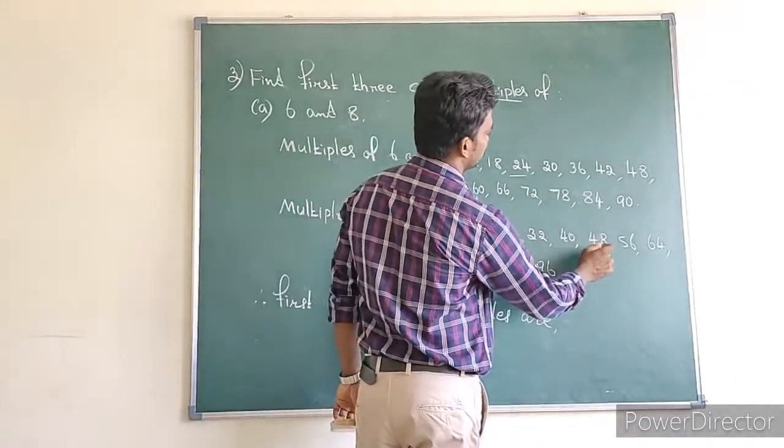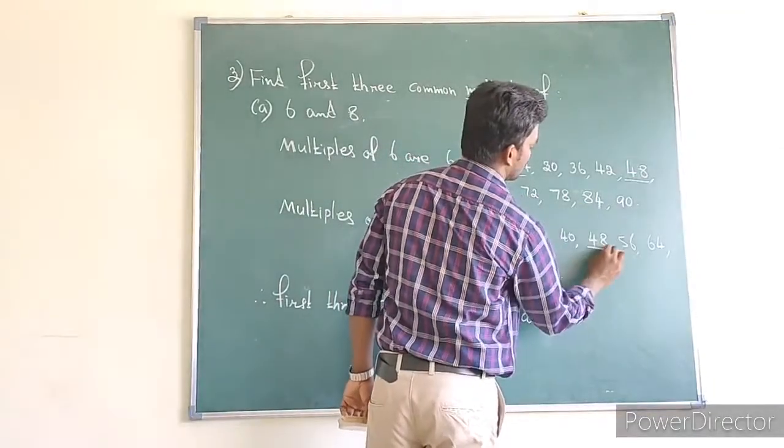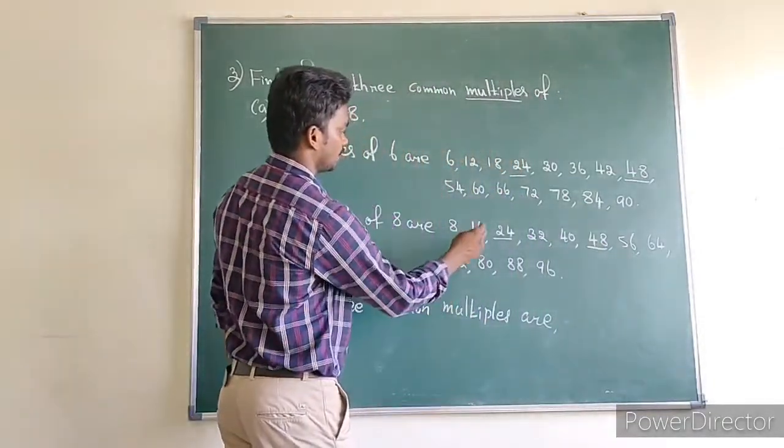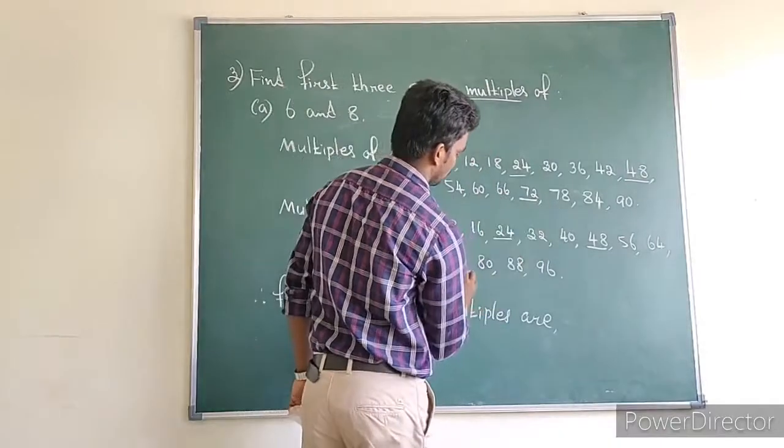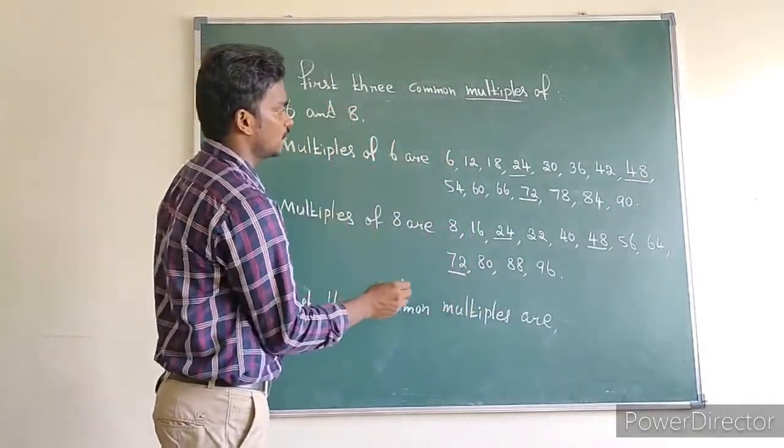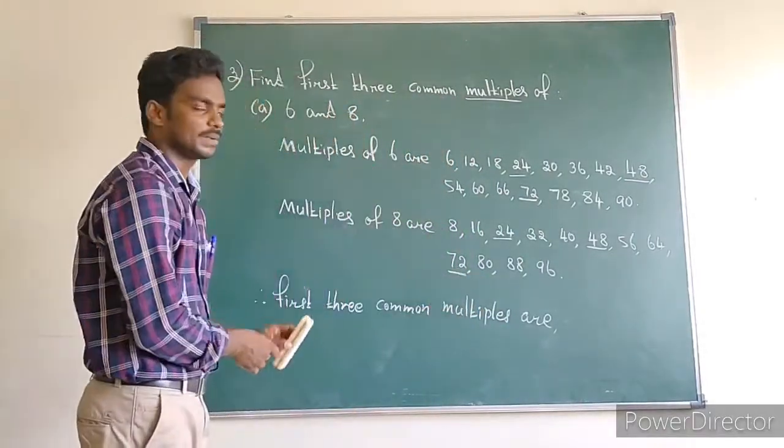Next, 48 is a common multiple, and 72. So 24, 48 and 72 are the first three common multiples of these two numbers.